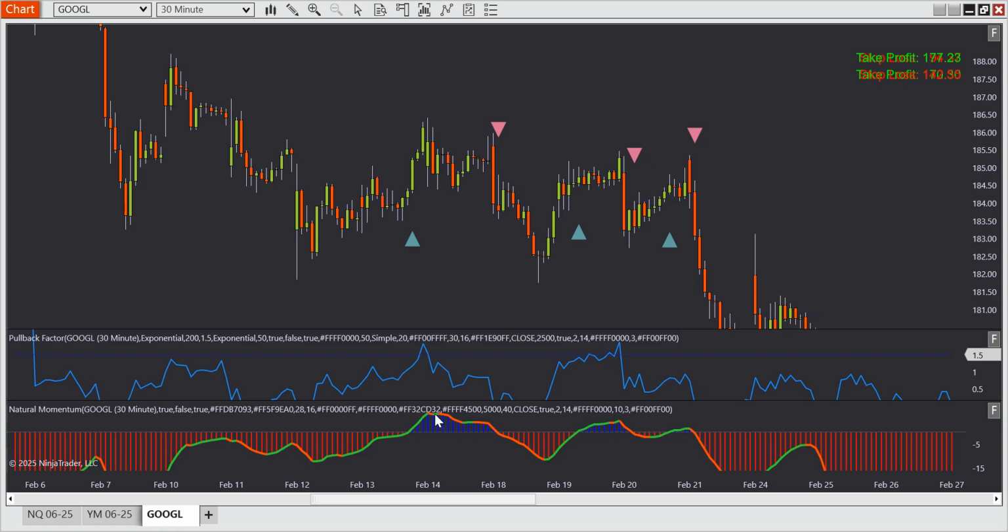It does briefly turn green again, but turns red very soon after, just one or two candles later, correlating with the pullback factor right here, telling us that this retracement up is coming to an end and we should see another expansive move to the downside.